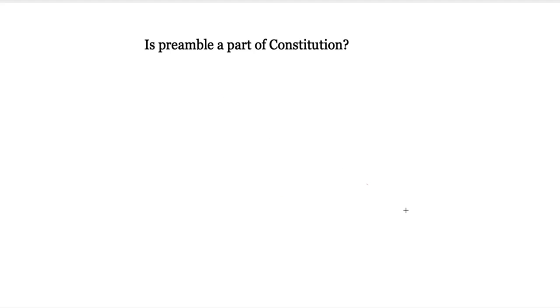So we discussed the Preamble, and the Preamble comes before the very first article. There was always a debate whether it is a part of the Constitution. If it is a part of the Constitution, it can be amended, and if it is not, it cannot be amended. So we will discuss three cases.